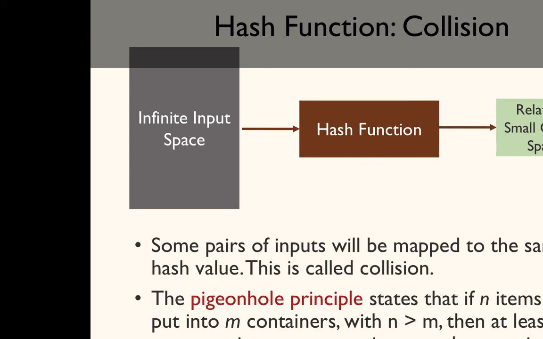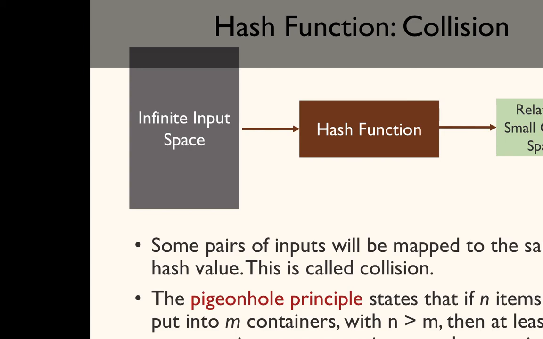Because this function maps elements in an infinite space to a relatively small space, it means that different elements in the input space could be mapped to the same element in the output space.